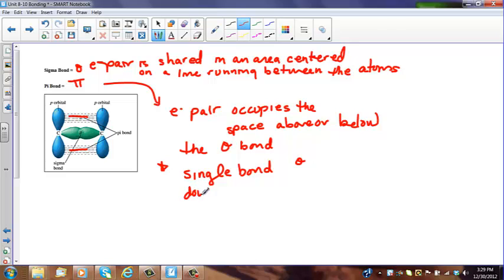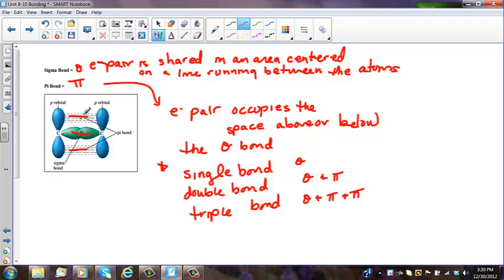A double bond is made up of a sigma and a pi bond, and a triple bond is made up of a sigma and two pi's, or sigma pi pi. So in the triple bond, you'd have your sigma in the middle here, and then you'd have one pi bond above and one pi bond below. In the double, the electrons basically choose where they're going, either above or below.